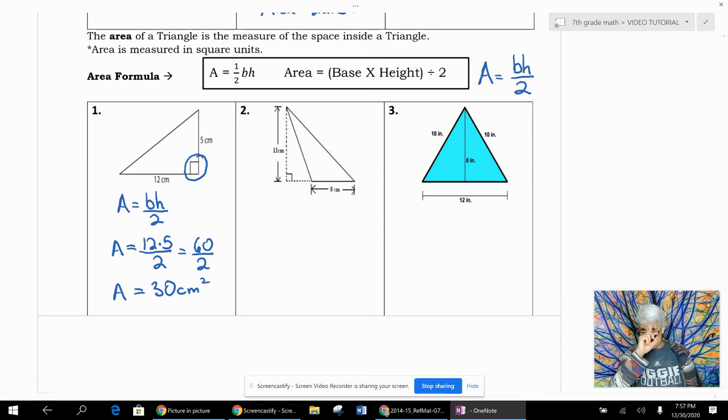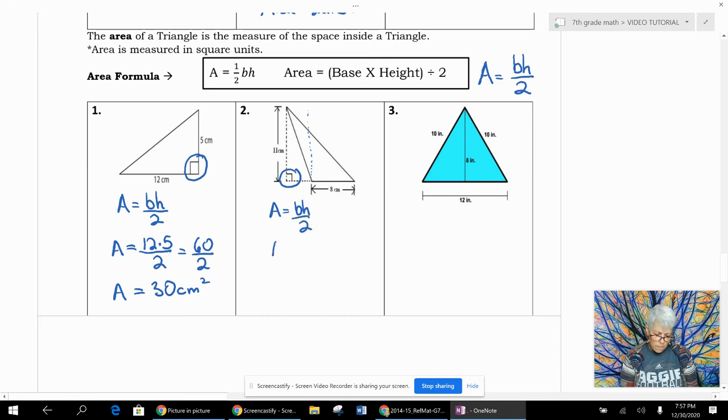All right, look at the next one. You can't really see that it doesn't have a right angle, but they created a right angle right here. And you can do that with triangles. It's the same height line, they just moved it over for you. Okay, so area, it's a triangle, so it's base times height divided by 2.